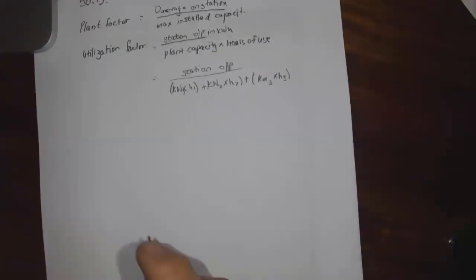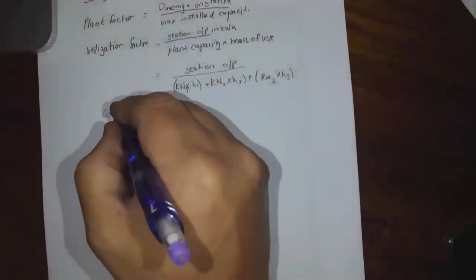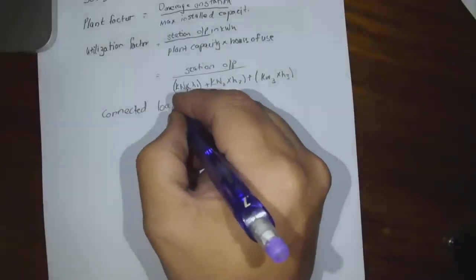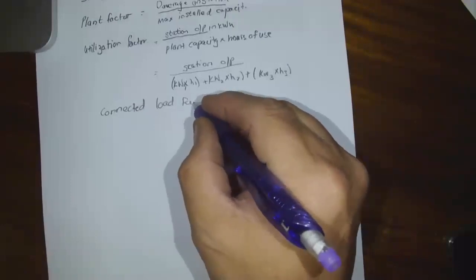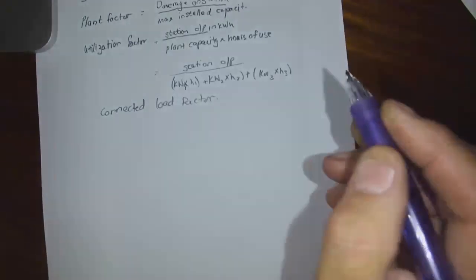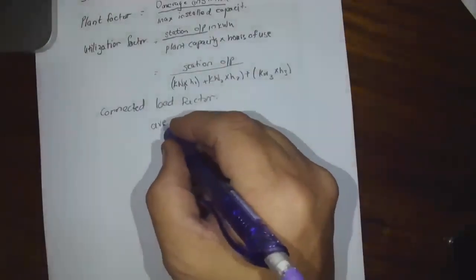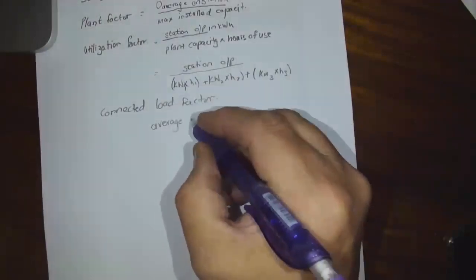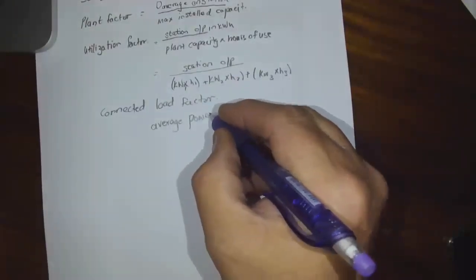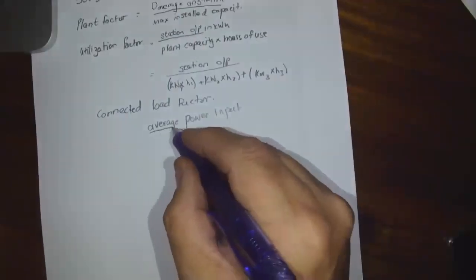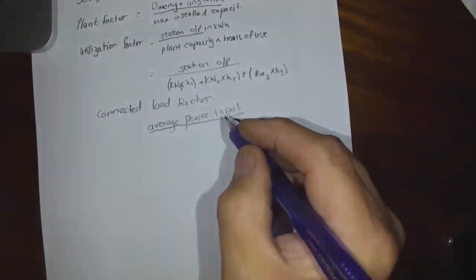Right, then we talk about the connected load factor. That is the average power input divided by the connected load.